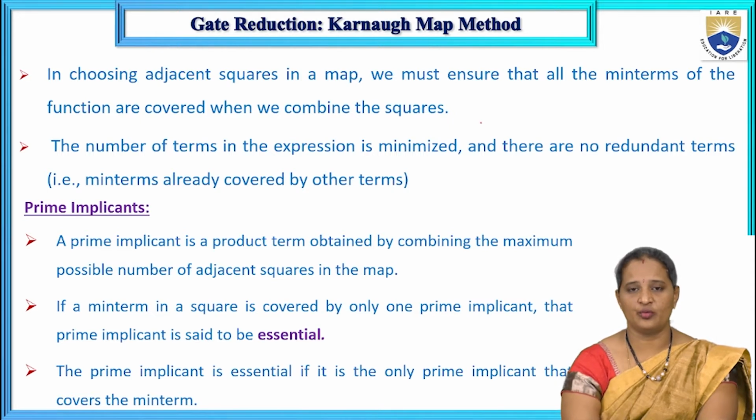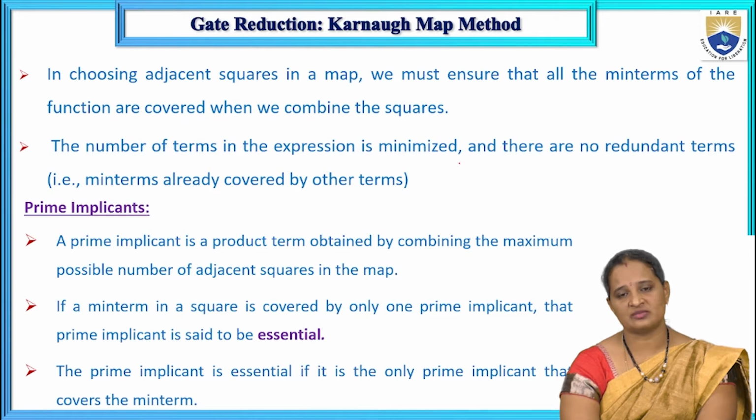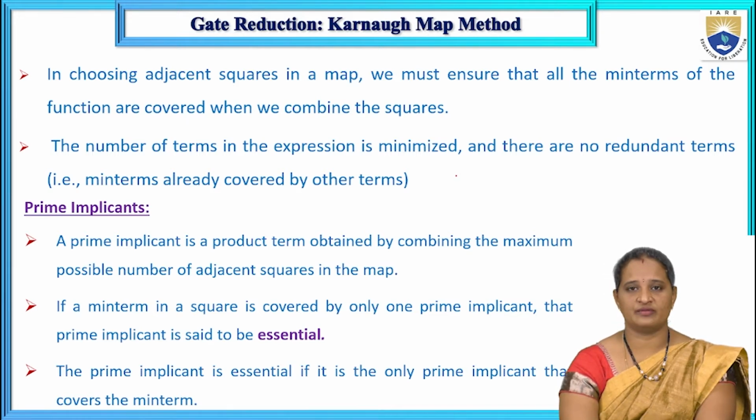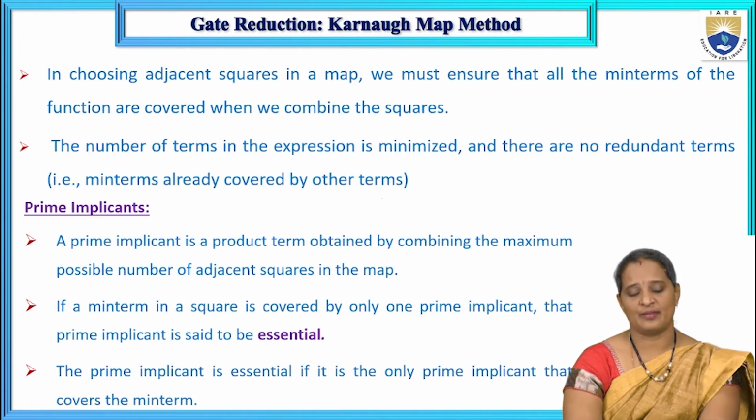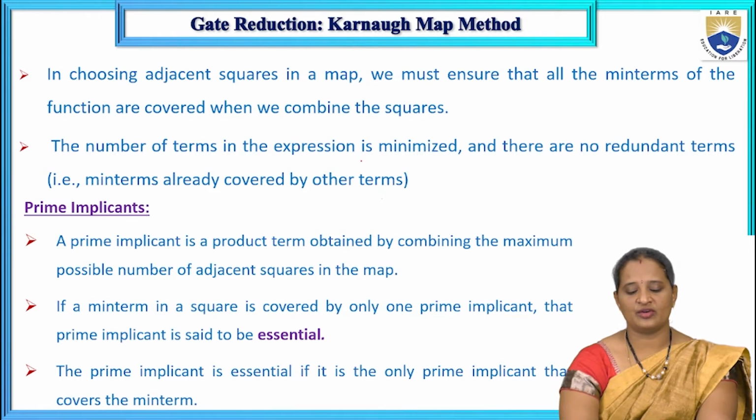If any minterm is not covered by any one of the groups, then we should leave it as it is. In that case, all the variables will be present in that prime implicant. Now the number of terms in the expression is minimized, and there are no redundant terms. Redundant terms means no repeated terms.